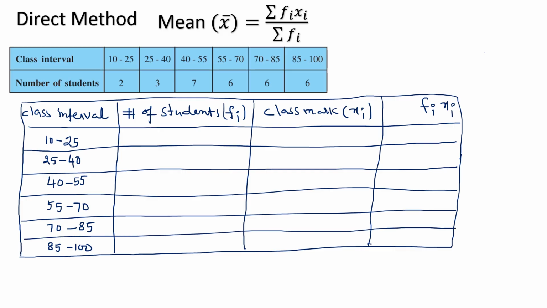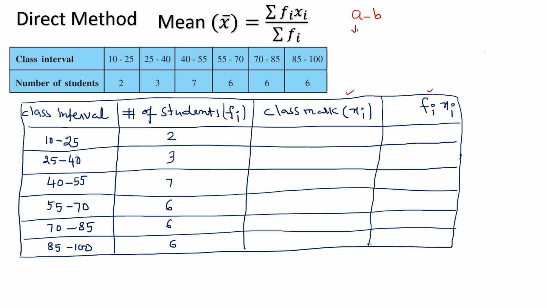Now let us write the given data: 2, 3, 7, 6, 6, 6. Now we require two columns: the class mark and fi into xi. In the previous sessions I defined, suppose we take a class interval a to b.